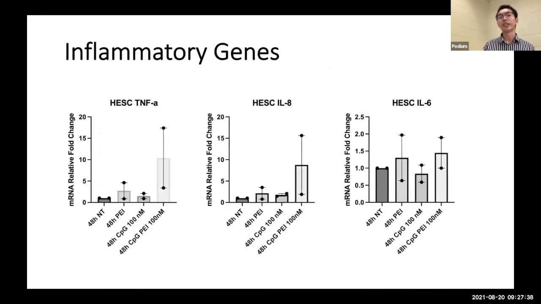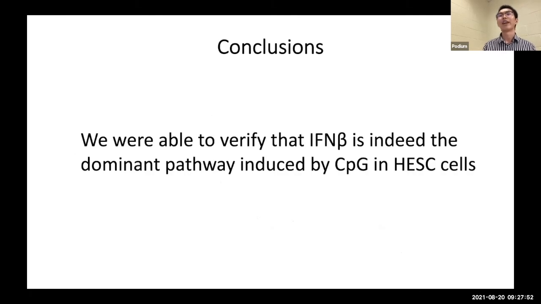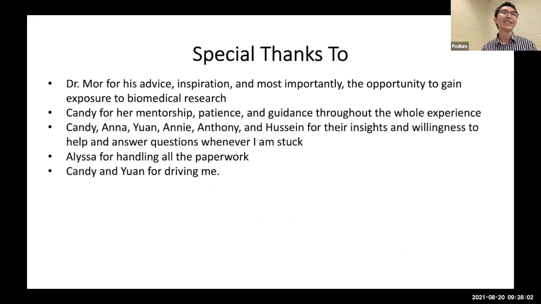And when we get to the inflammatory genes, which are the downstream genes of NF-kappa B, we can see again that they're upregulated, but not by that much. With this, we were able to verify that interferon beta is indeed the dominant pathway induced by CpG in HESC cells. So that is my project.